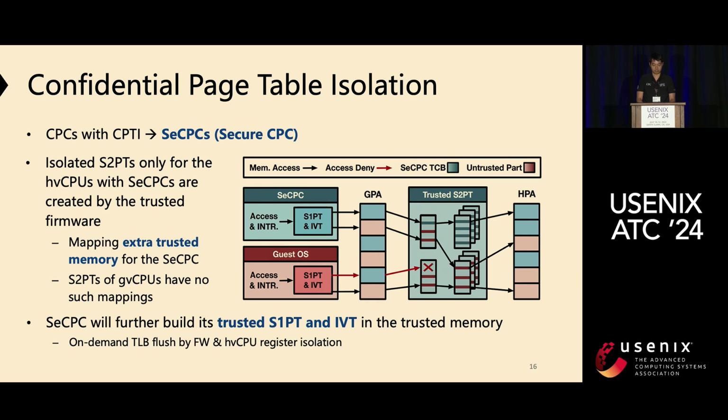With SECPC's trusted stage 1 page tables and the interrupt vector tables built on the trusted memory, as well as the firmware's on-demand TLB flush and the CPC's innate HV CPU register isolation, SECPCs can achieve VMPL-like isolation on other CVM platforms to defend against errant guest OS.